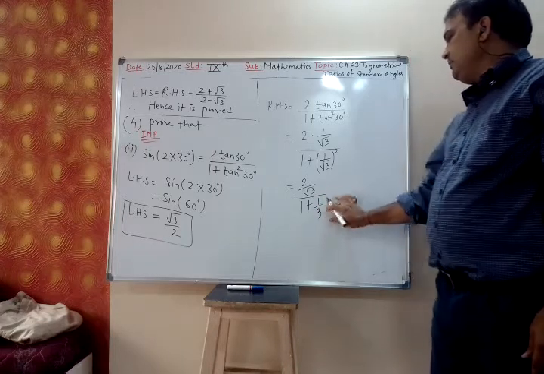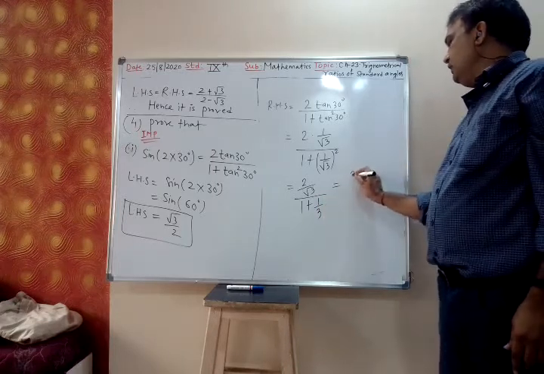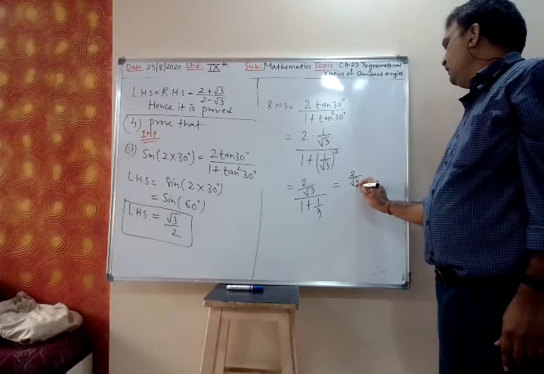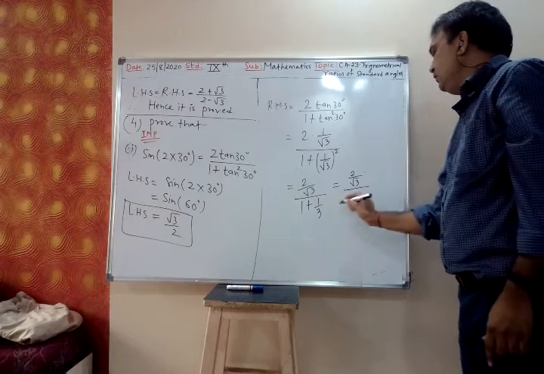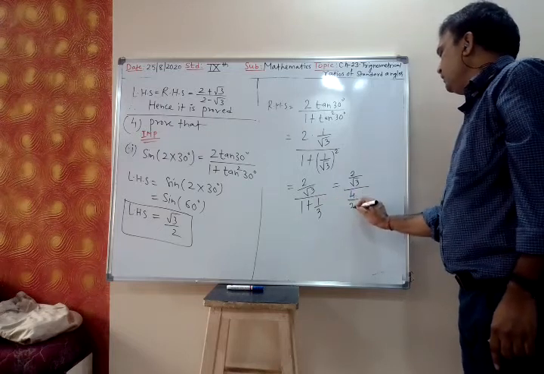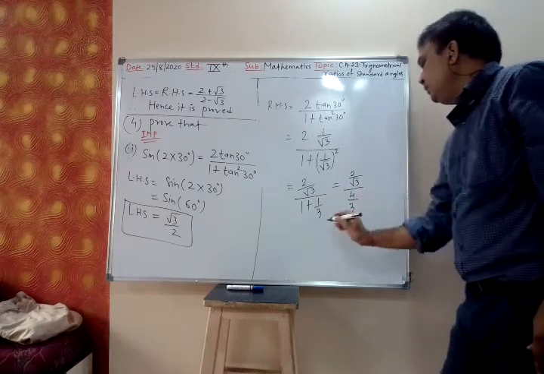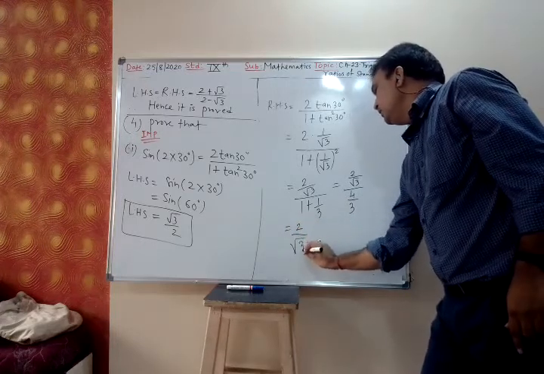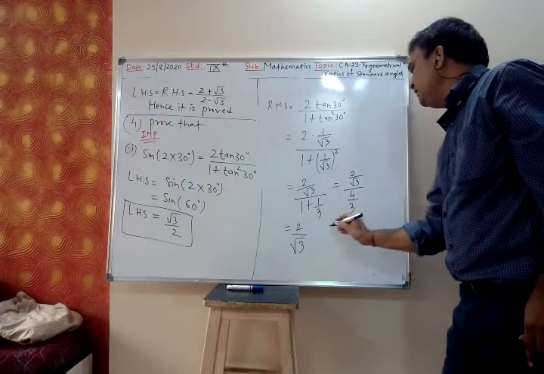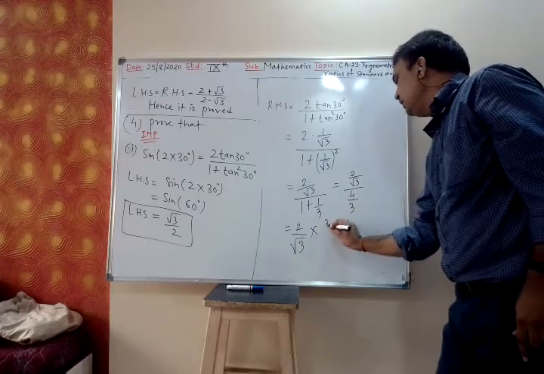Now we simplify. That will be 2 upon root 3, then you cross multiply, 3 plus 1, 4, 4 upon 3. Yes, so now this I can write 2 upon root 3, then divide by 4 by 3, same as multiplied by 3 upon 4. Are you getting?